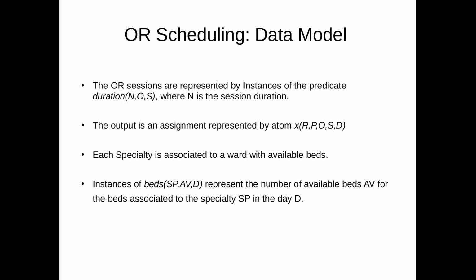So the instances of beds are: we have the specialty linked to the ward, and the available beds in those wards on that particular day. All this basically includes the facts, the data model for our procedure.